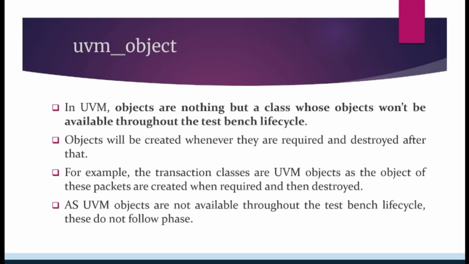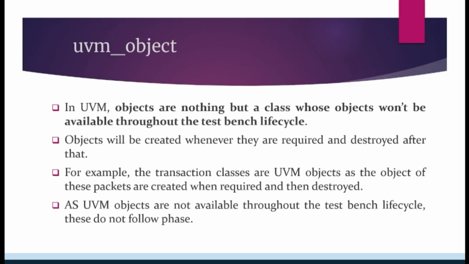Clear? So there are two categories, UVM component and UVM object. The classes whose objects are present for the entire life cycle of the TB are categorized into UVM component, and those objects which are not required in the entire life cycle of the TB are categorized into UVM object, right? Examples of UVM components are driver, monitor, and so on.